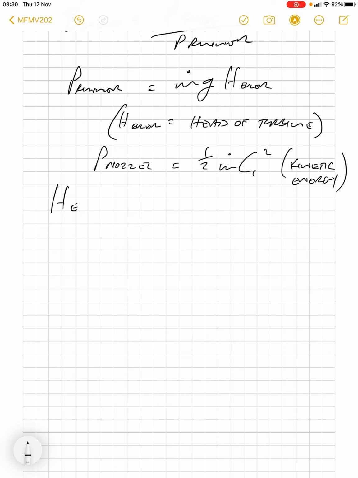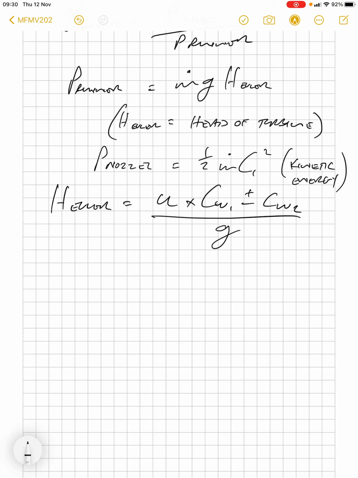So, therefore, the Euler head, or the total energy head in the turbine, is U, which is the blade velocity, times CW1 plus or minus CW2 divided by G. The CW1 and 2 are the velocities of whirl.